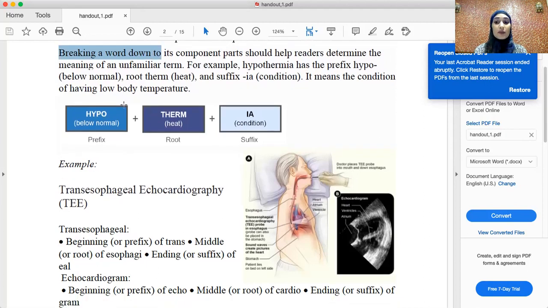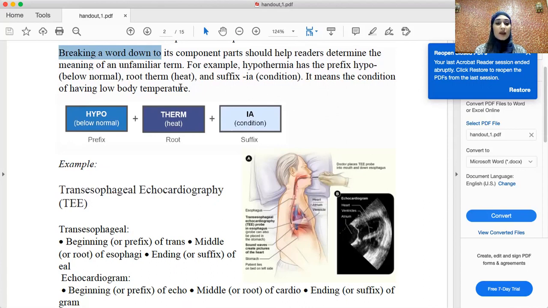Like, for example, hypothermia. Hypo, we said that it means below. Therm means heat or temperature. And ia means condition.